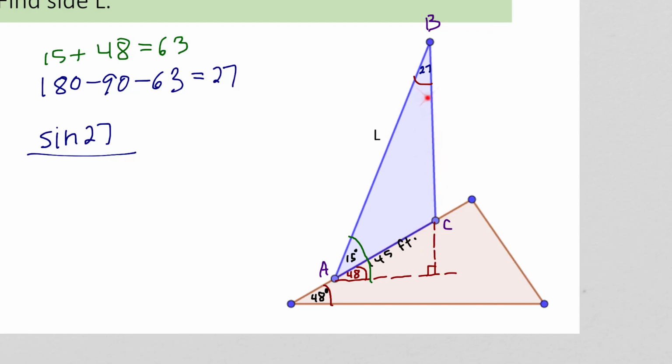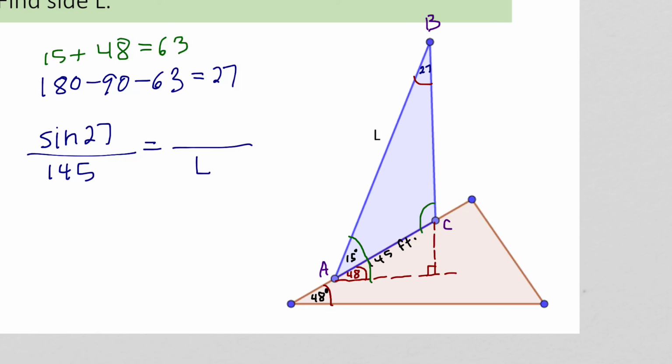I'm inside this purple triangle now. 27 is opposite 145. I want to figure out the angle opposite the side L, so here's L, and I need this angle right here.